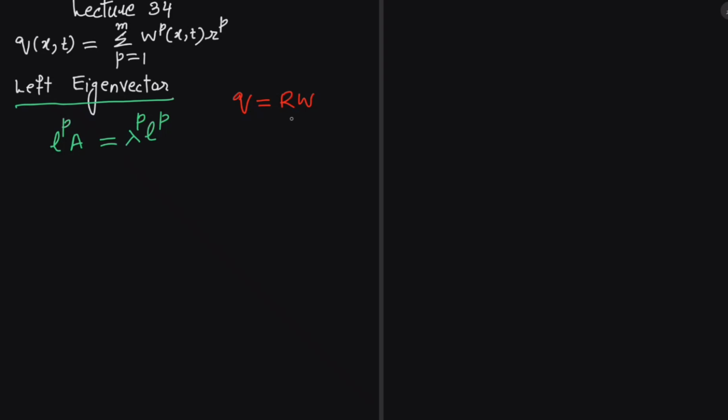Or maybe we can write this as R inverse Q = W, since we are interested in finding W first. So R inverse Q will be equal to W.